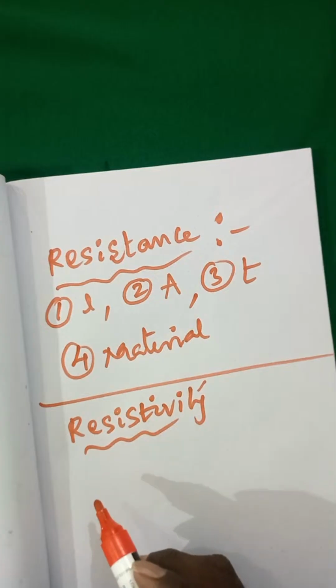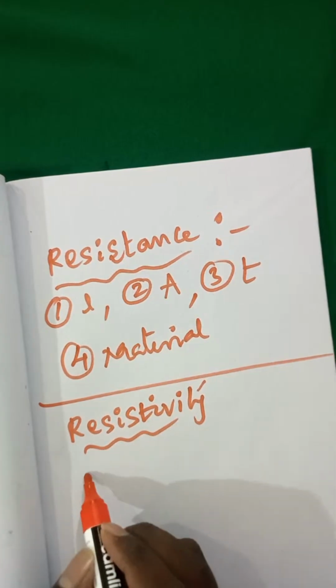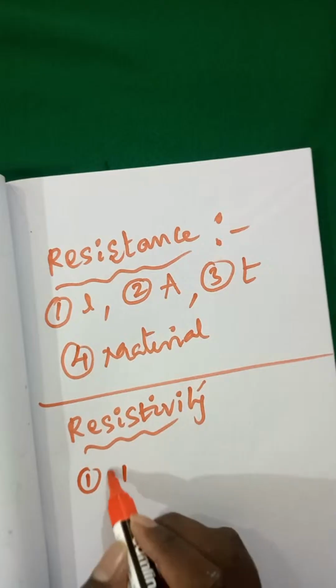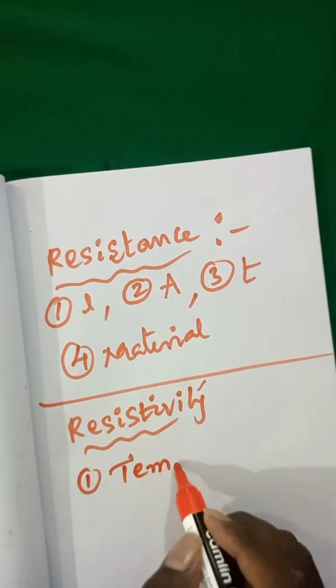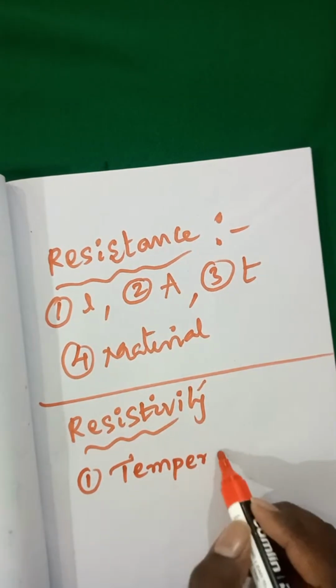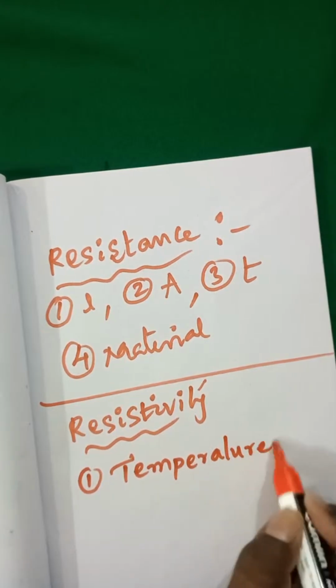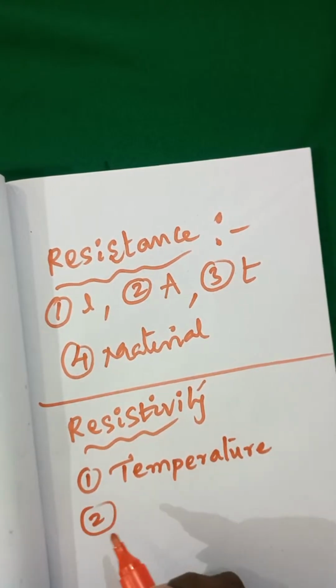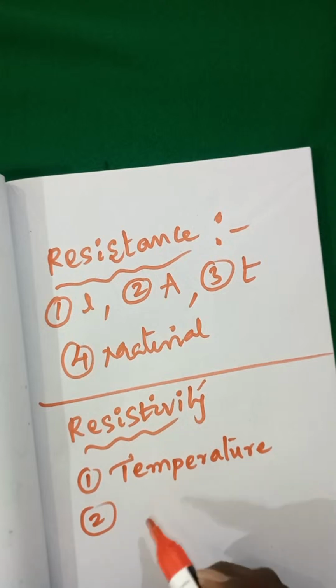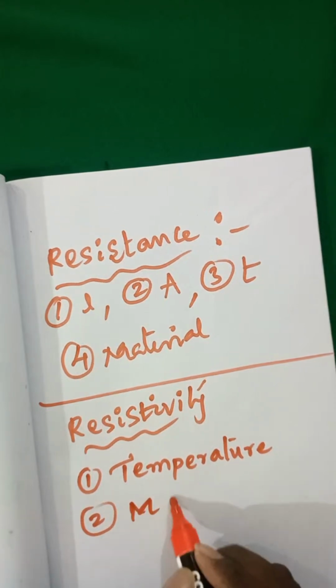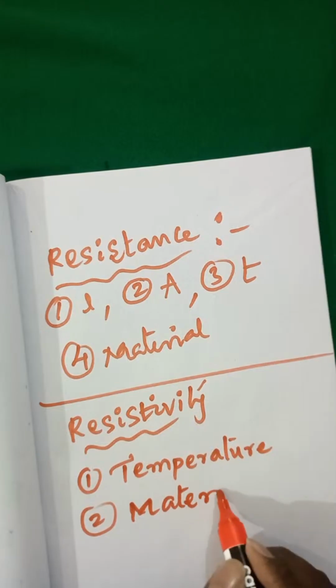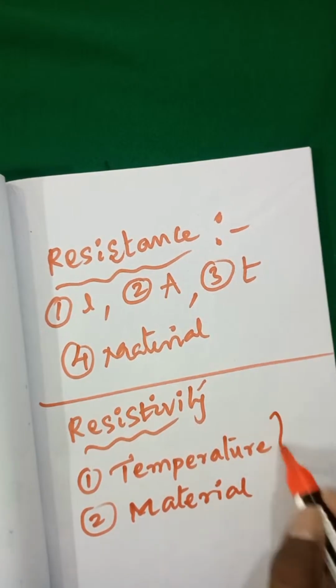Resistivity, you can see, resistivity depends on temperature. So it depends on temperature. And the second point is, it depends on material of the conductor. Okay, only these two factors.